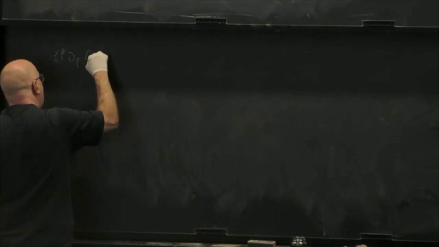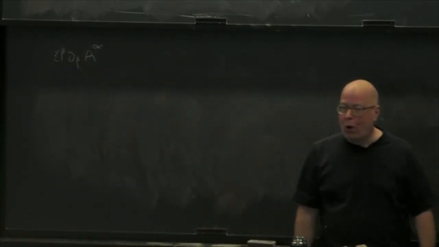Okay, so before I was looking at objects like this one. I was taking the derivative along xi of the vector A. So that was one piece of the stuff that we had for the Lie derivative, at least in the claim that I wrote down before. So let's look at this.